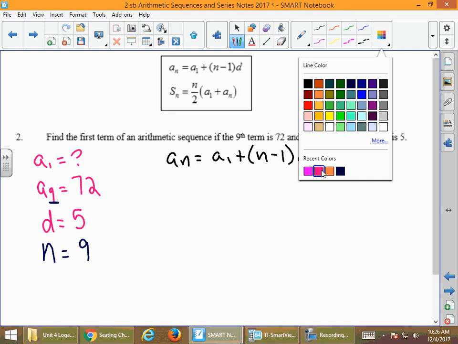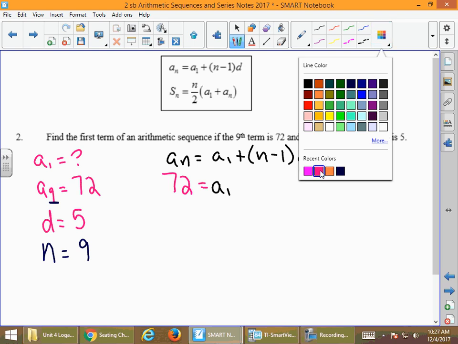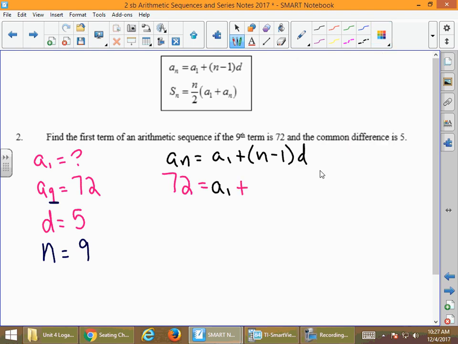A sub n happens to be the a sub 9, which is 72. We don't know a sub 1, that's what we're going to try to find, plus n, well, 9 minus 1 times d, our common difference of 5. When we simplify, we get 72 equals a sub 1 plus 8 times 5. 9 minus 1 is 8.